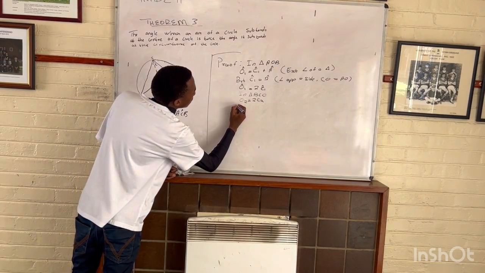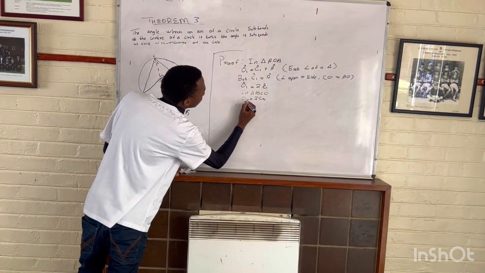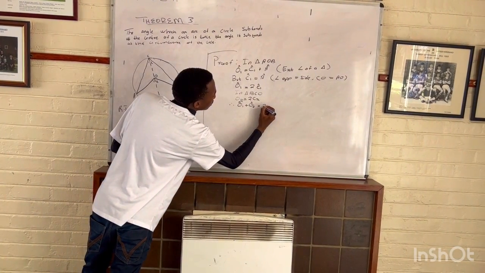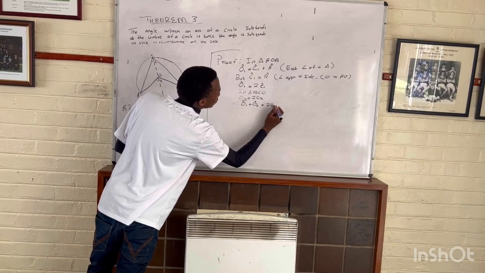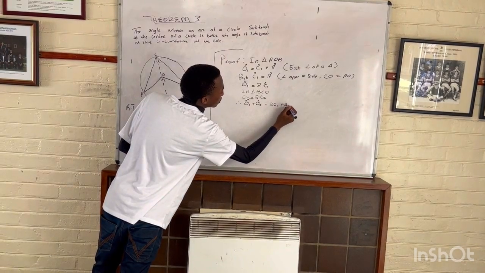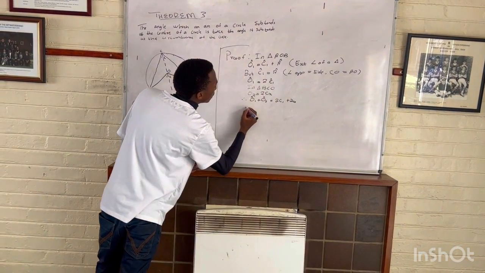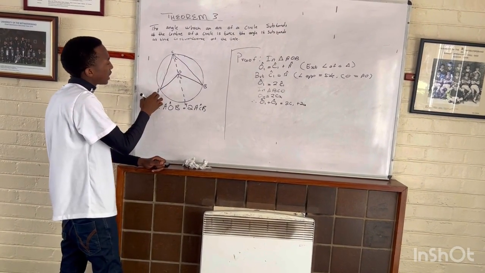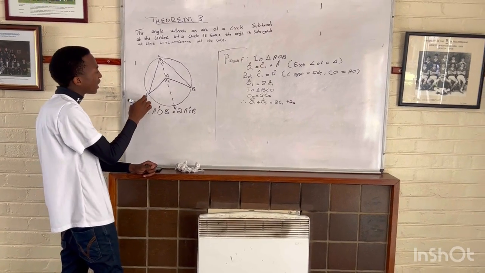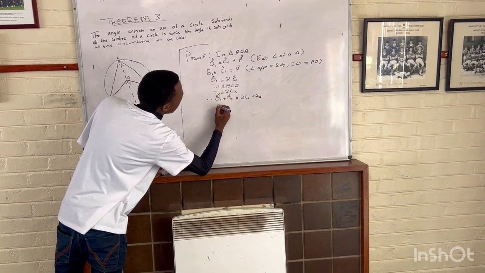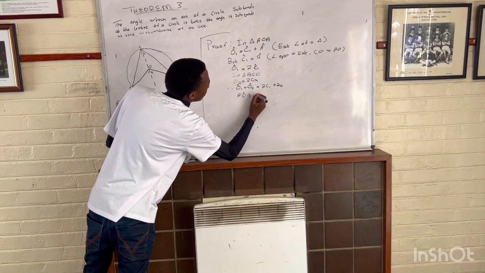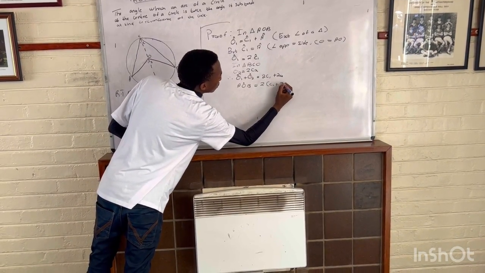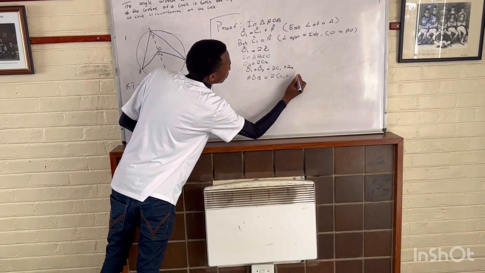Now we say therefore O1 plus O2 is equal to 2C1 plus 2C2. Then O1 plus O2 gives us angle AOB. So AOB is equal to 2 times (C1 plus C2).